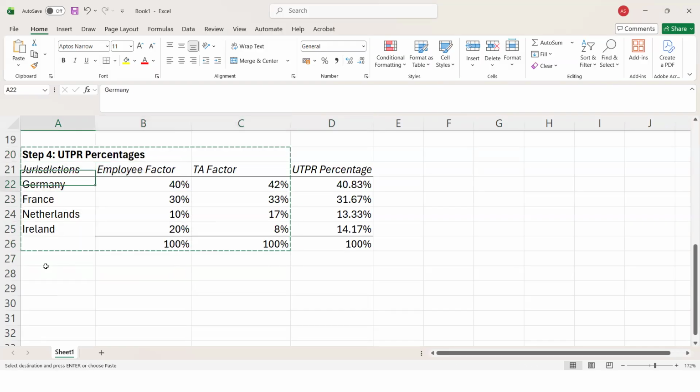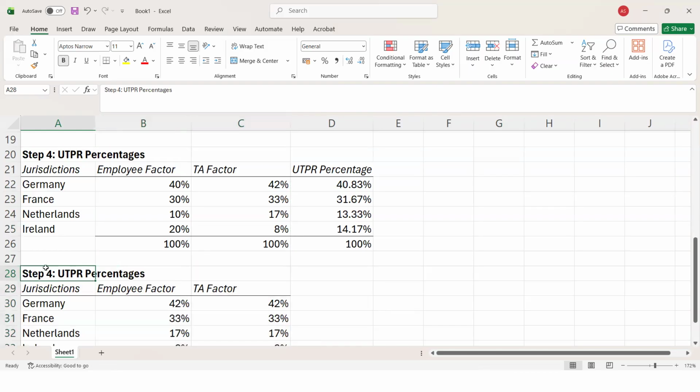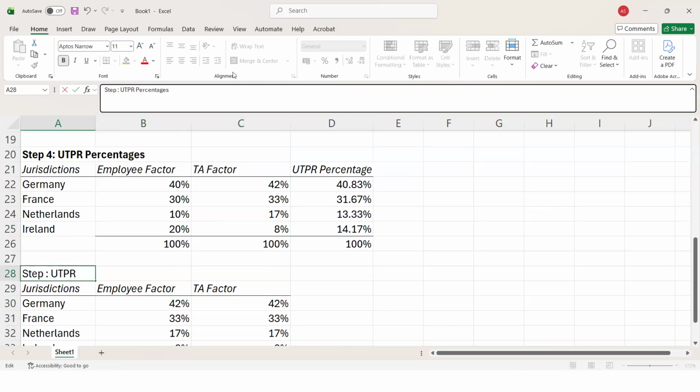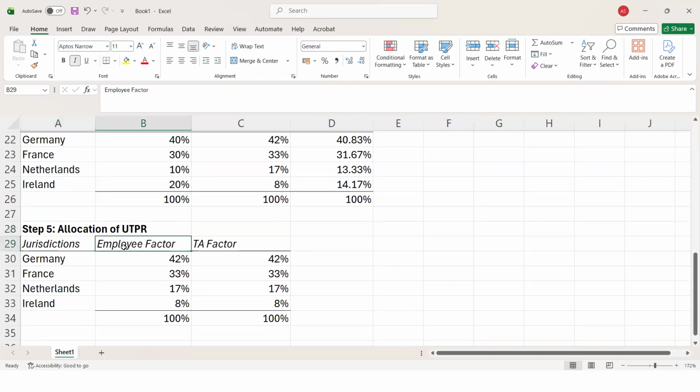Now, let's allocate. Step four is allocation of UTPR. So, let's take the UTPR percentage. What is the UTPR percentage for Germany? We have calculated it here, right?